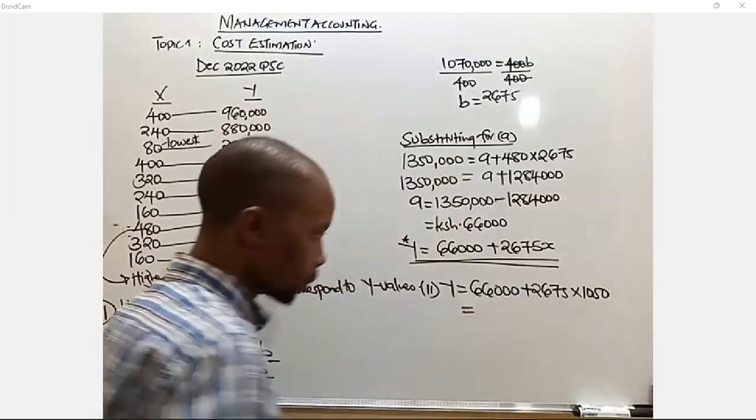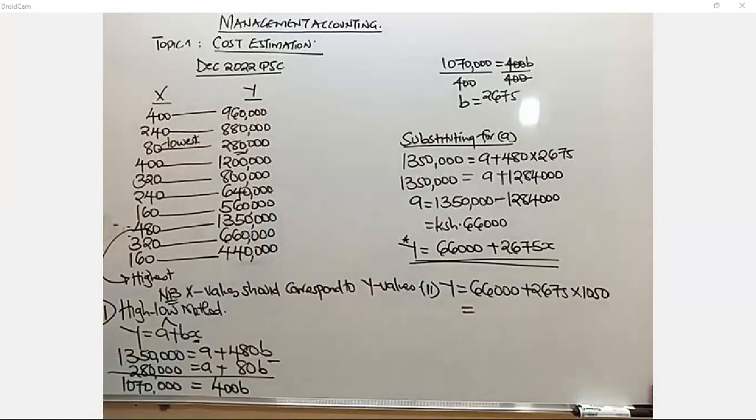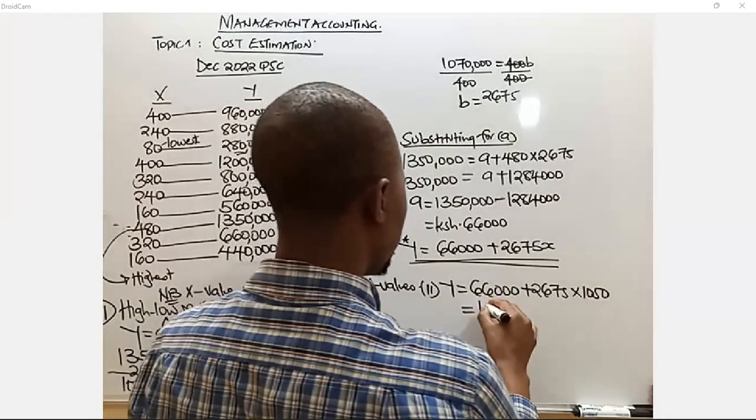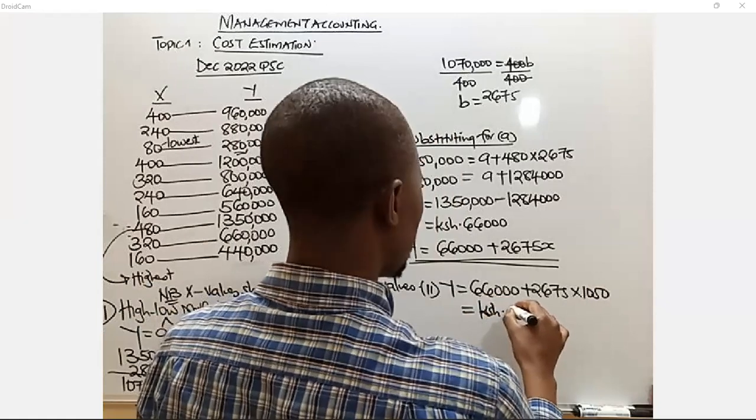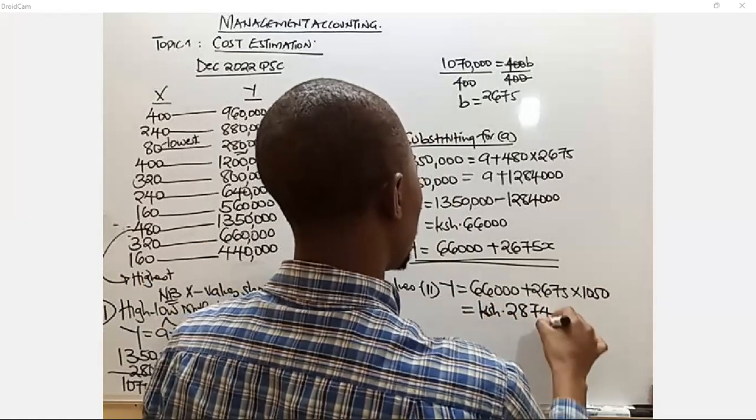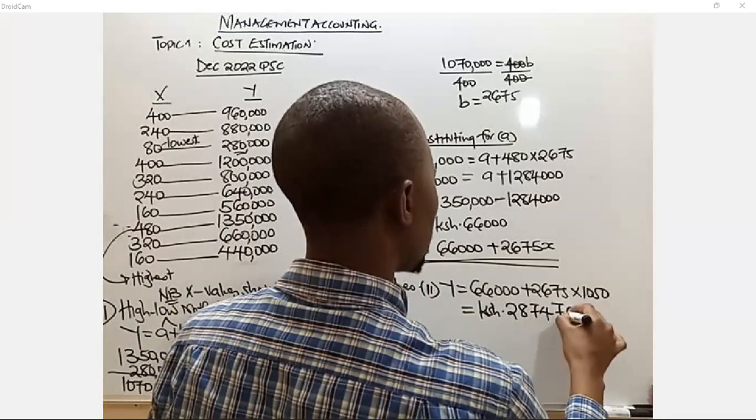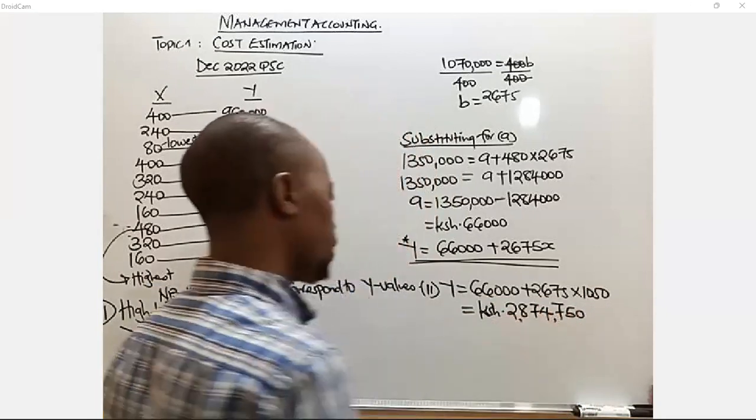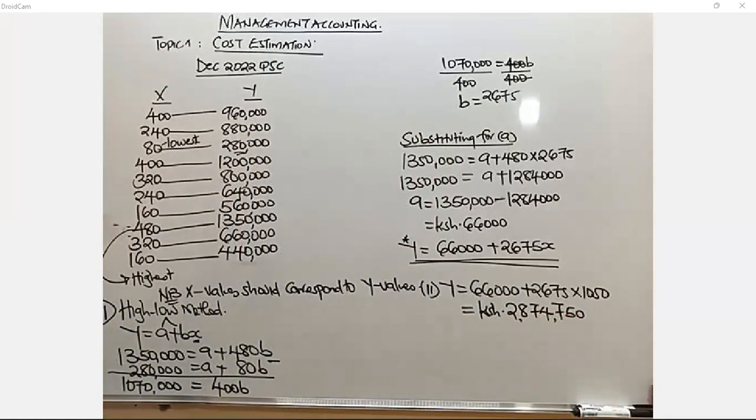Then I can formulate my total costs. So I just put all the data in my calculator, and the total cost is 2,874,750. That is how you normally use the high-low method.